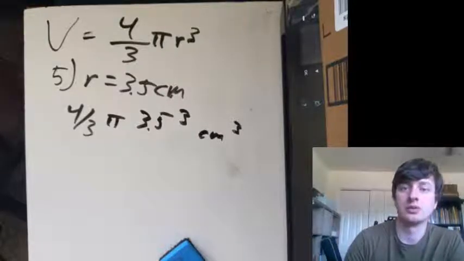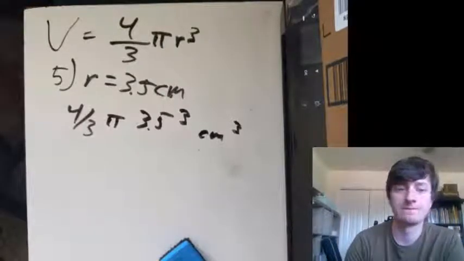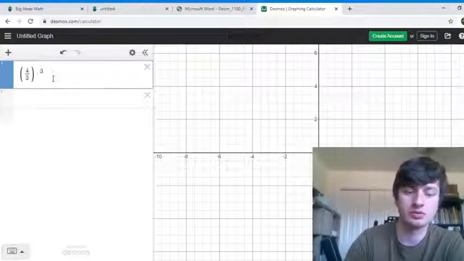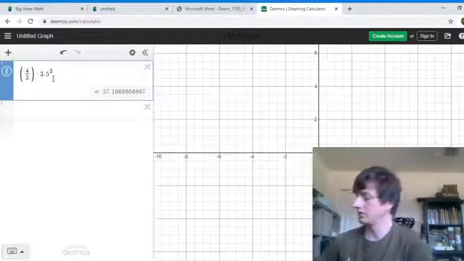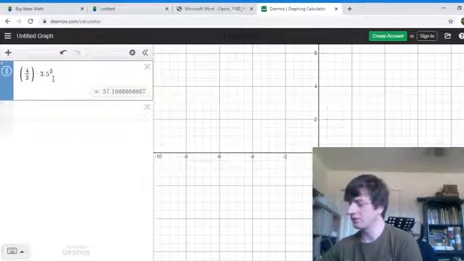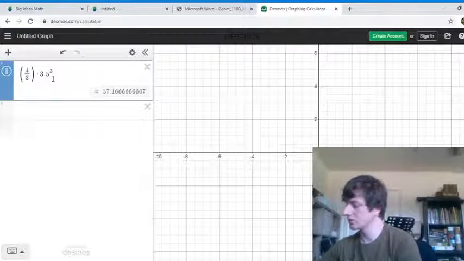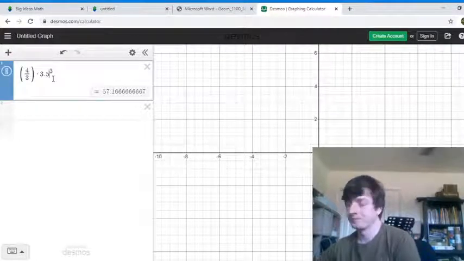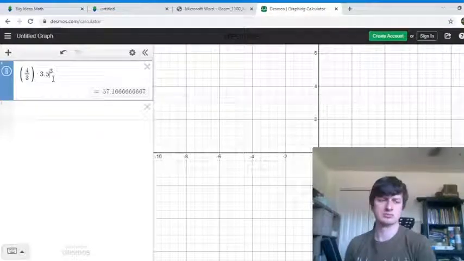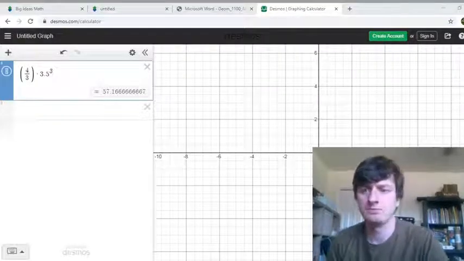We would take that to our calculator, and we would just change this to 3.5. And so we get 57.16 repeating centimeters cubed. Okay.